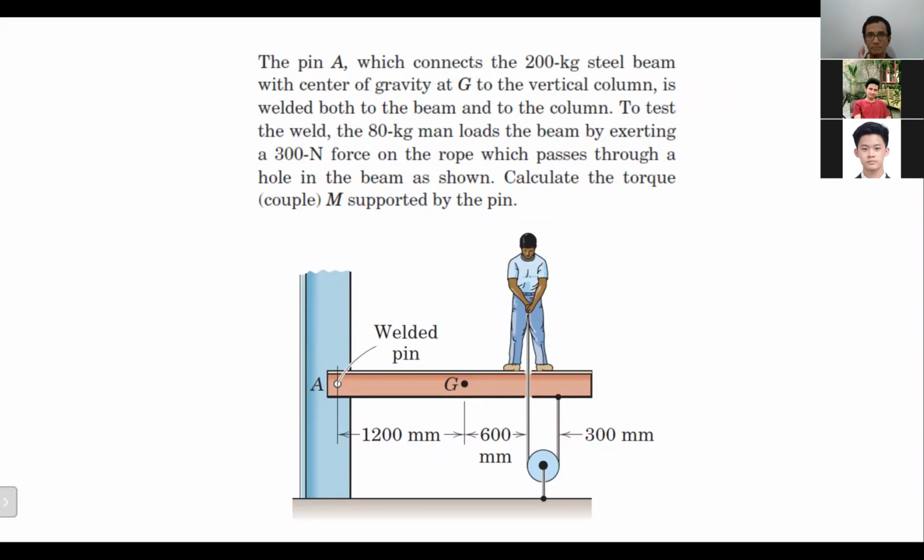No, no, I'm not saying that the weight will be 800 plus 300. So it's supposed to be 1,100, right? I'm not saying that the weight will be 1,100, but I'm saying that the normal force which is withstood by the beam will be 1,100.